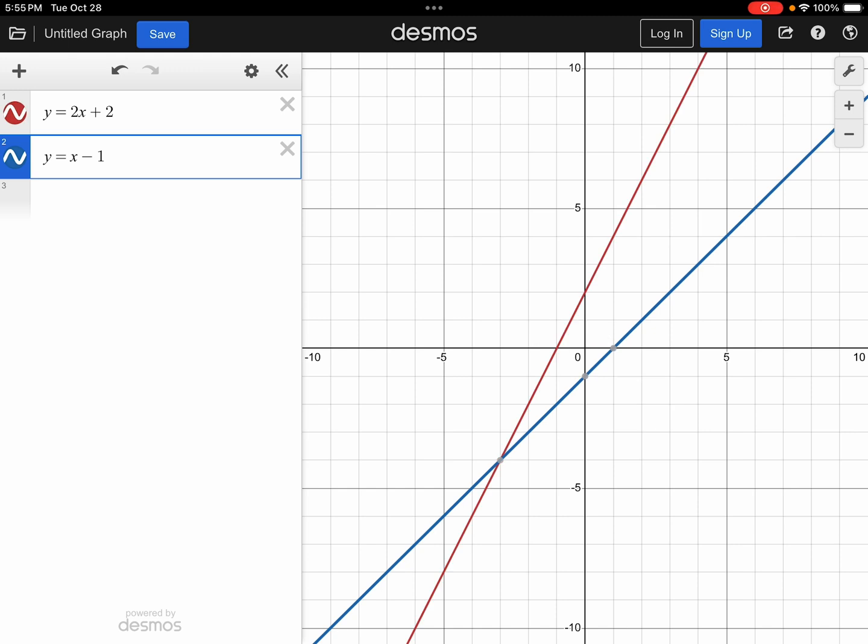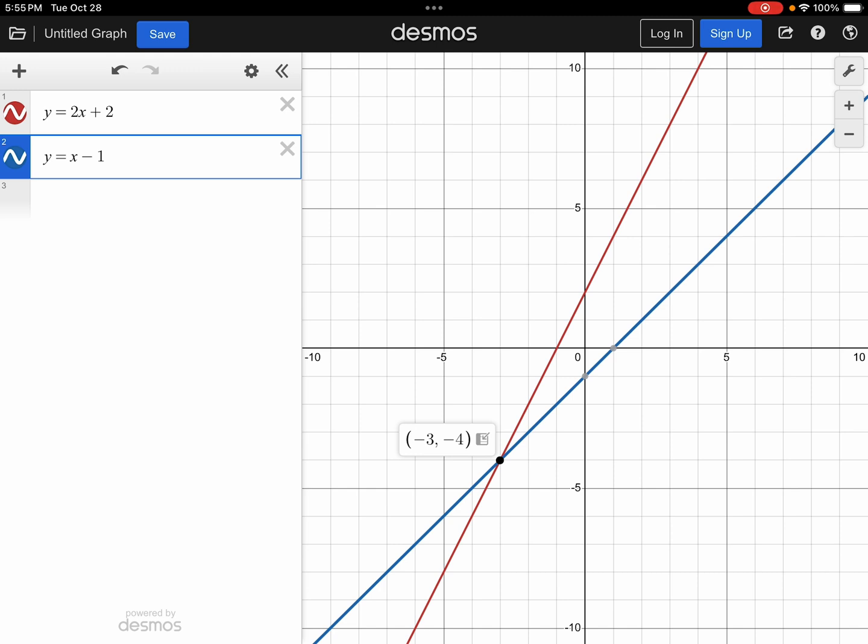So again, when we are trying to solve a system of equations by graphing, we are looking for the point of intersection for the two graphs. So where do the two graphs meet? Where do they intersect? The good thing about Desmos is if you can see where it is, you can see they put a little point here. You can click on that and it will tell you what your point of intersection is.